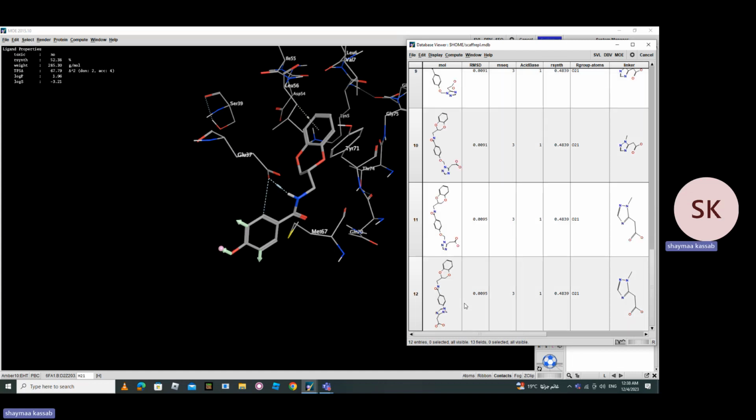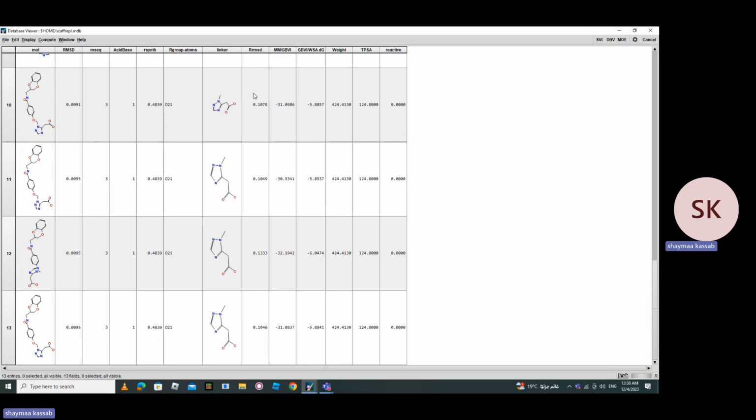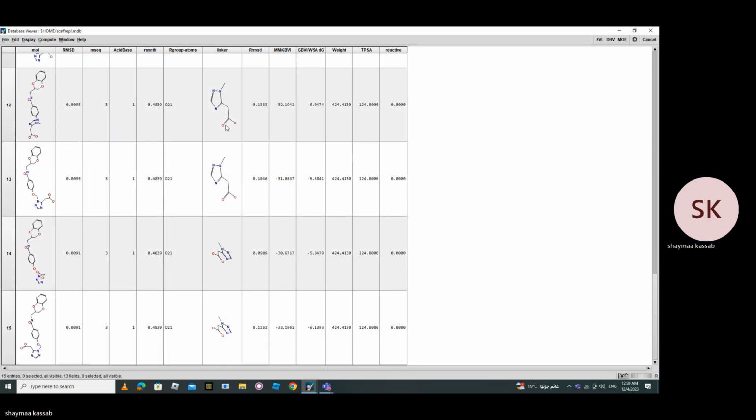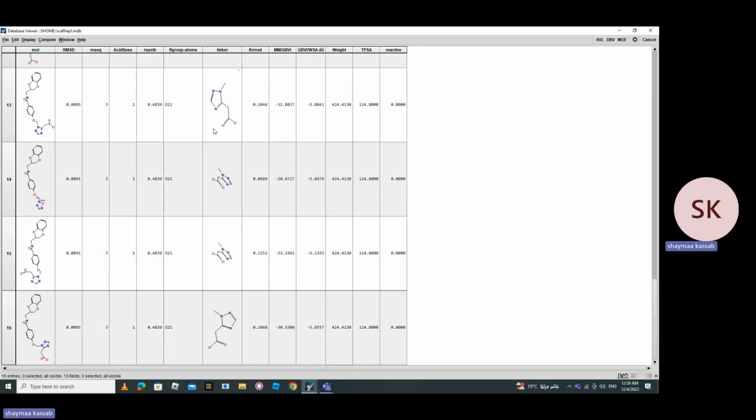Here, as you see, is the linker or fragment in the chemical library, which is introduced to the position we have chosen for replacing the amino ether side chain with this heterocycle.